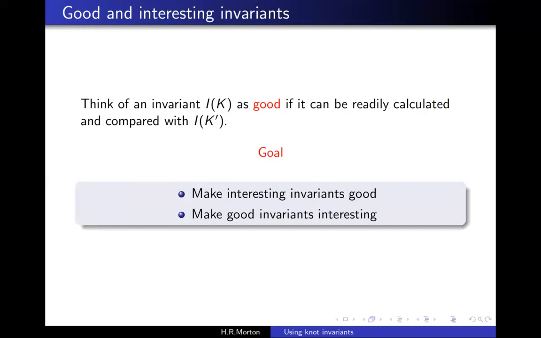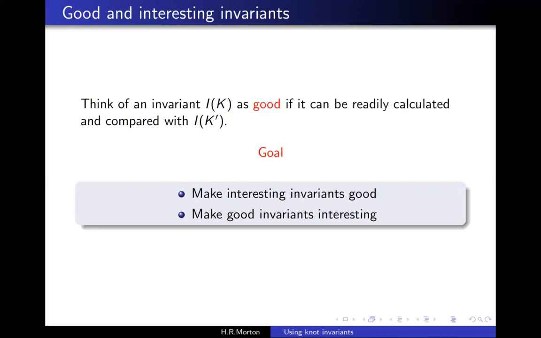And from this point of view, our goal is firstly to make the interesting invariants good, to be able to calculate them. And secondly, if you've got a good invariant, what is it? Make it interesting. What is geometrically important about it? So those are the sort of underlying principles, you might say.